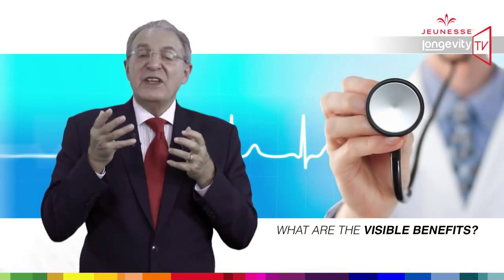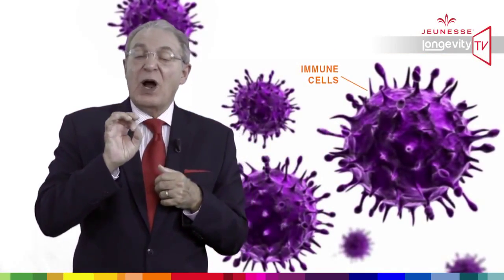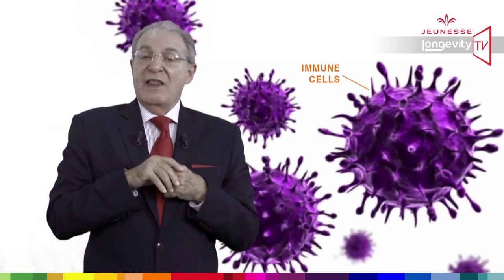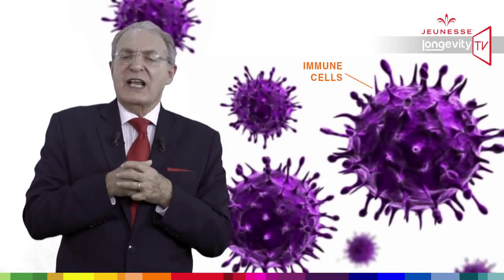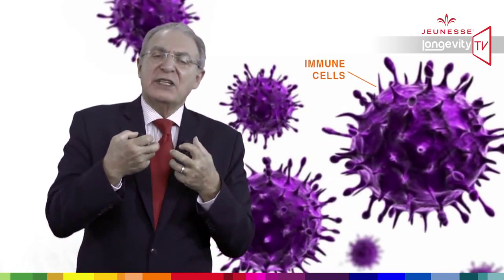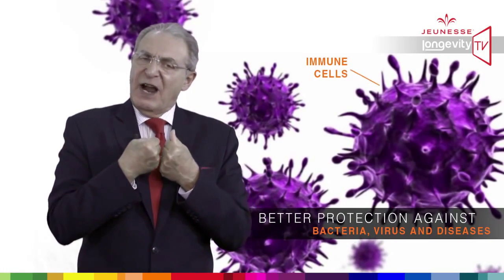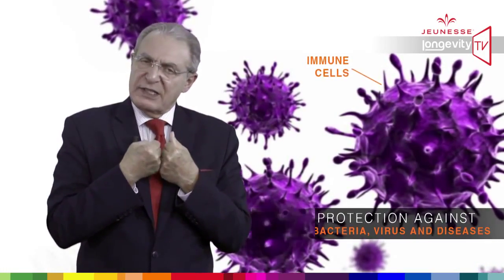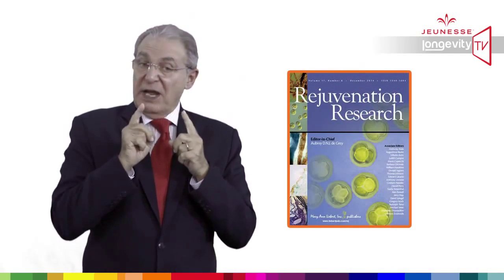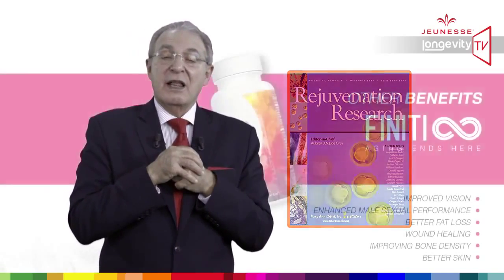What are the visible benefits? The most important benefit is for our immune cells. They have been affected by insufficient numbers of functional cells, and they will start to regain activity, which means better protection against bacteria, against viruses, and against diseases. This benefit has been documented in several clinical trials.